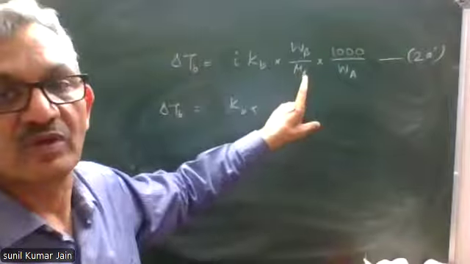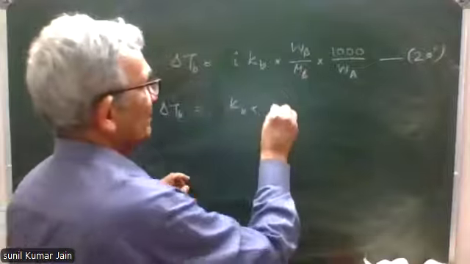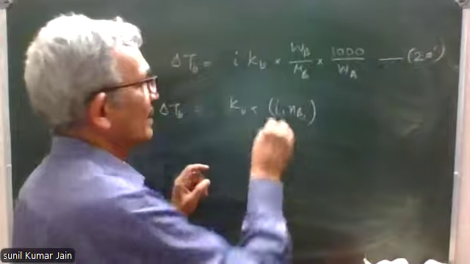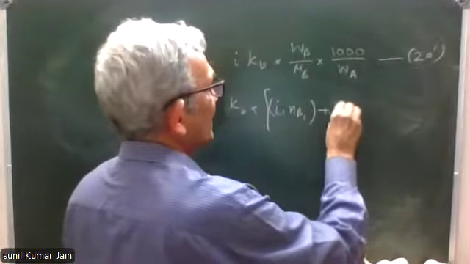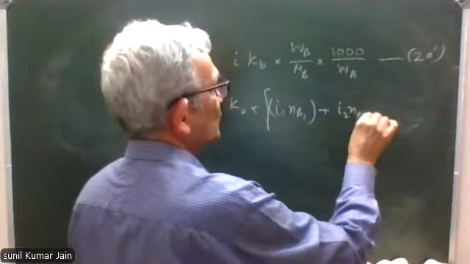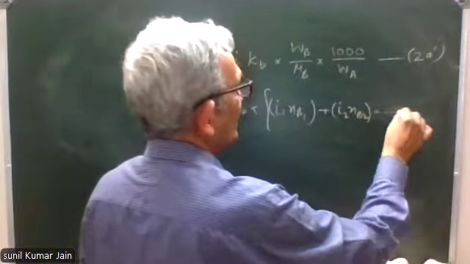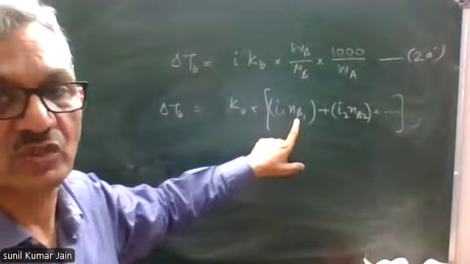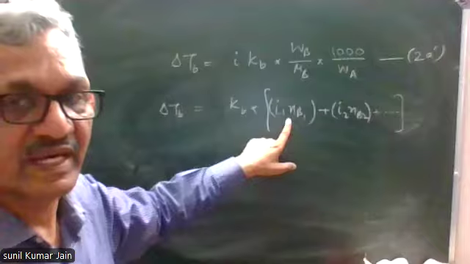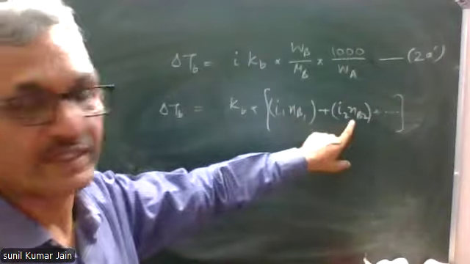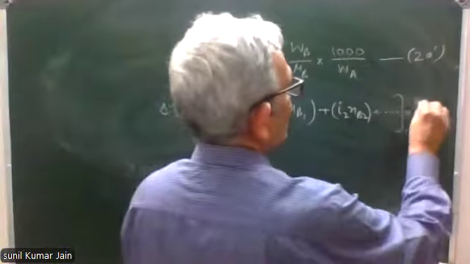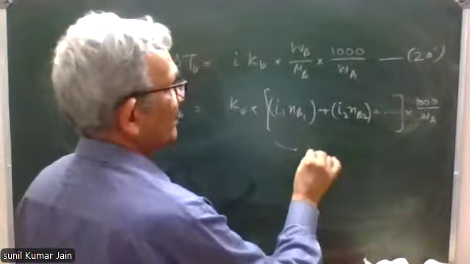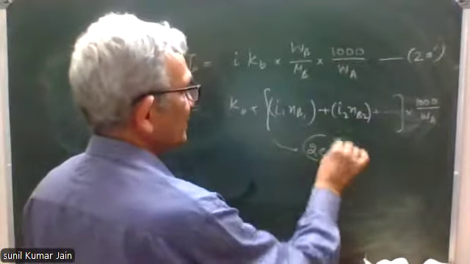Number of moles of all the solutes will be added and it will be i1 into NB1 plus i2 NB2. As I told you earlier, number of moles of each solute multiplied by its own i factor and will be added into 1000 divided by WA. You can label it 2C dash.